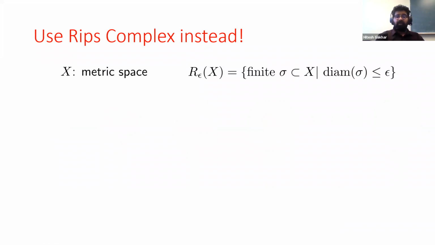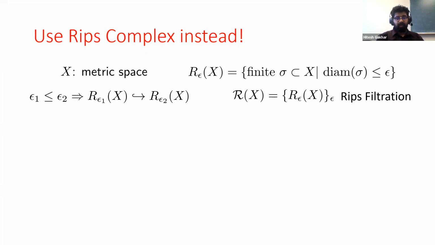If you have a metric space, its Rips complex at parameter epsilon is the collection of all finite subsets of X such that their diameters are less than or equal to epsilon.